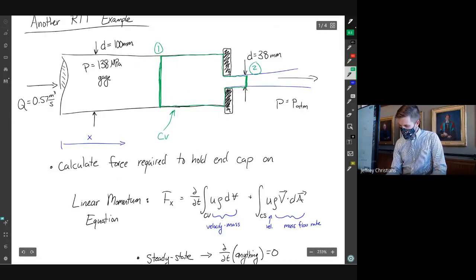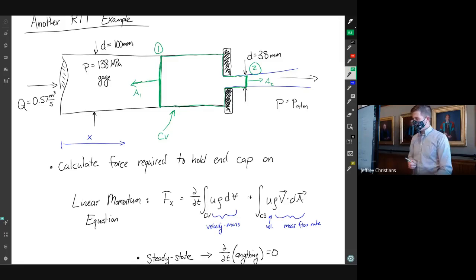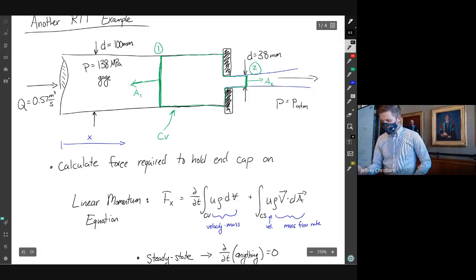So our sign convention is going to be such that our areas here, that's A1, that's A2, the area is always going to be the outward facing normal. So it's always going to be pointing out. It's just a convention. We could have them always pointing in, but we do it this way because then we do it the same way every time, and it gets us the right answers. So it's just a way to get what's going in, what's going out, all straight. So that's our sign convention.